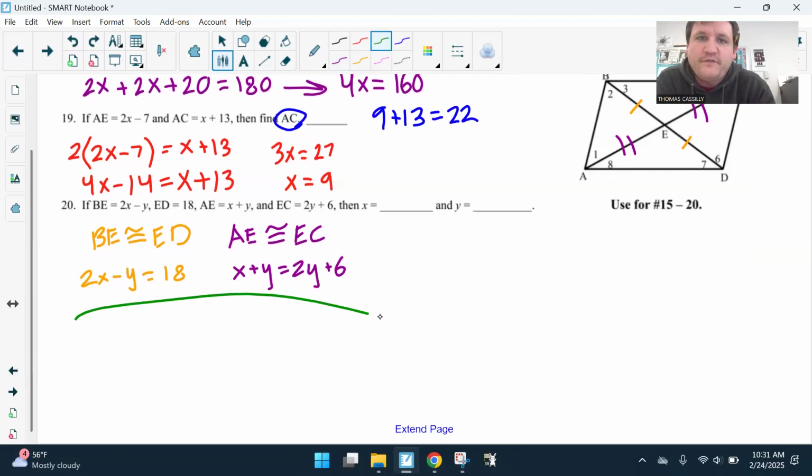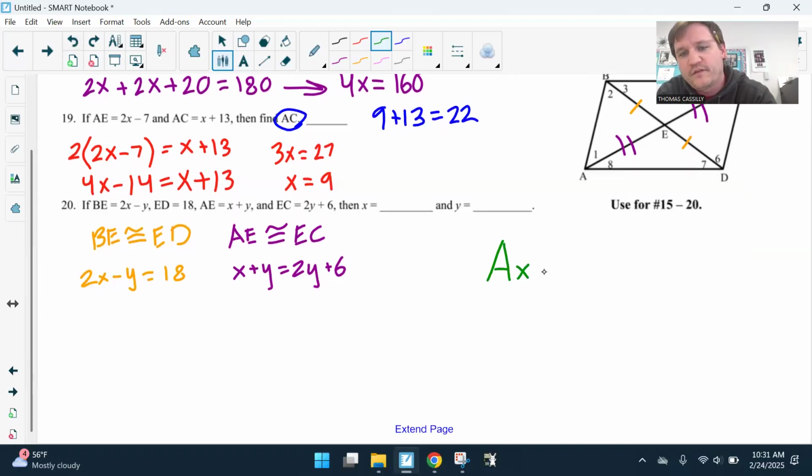All right, so we're going to use these two equations. We're going to have to make a system here. Now, if you think about the systems, a lot of times in this class, we've been using elimination. So elimination, we have ax plus by equals c. That's kind of your standard form of an equation.